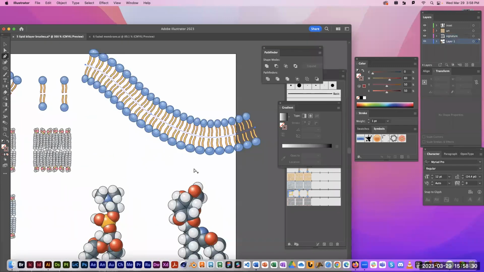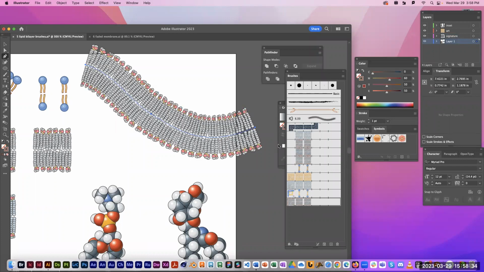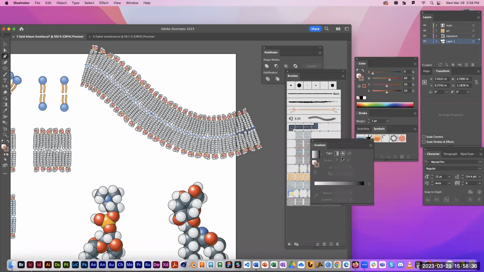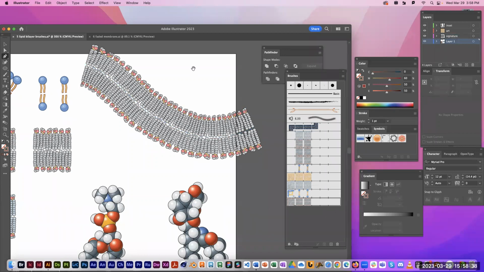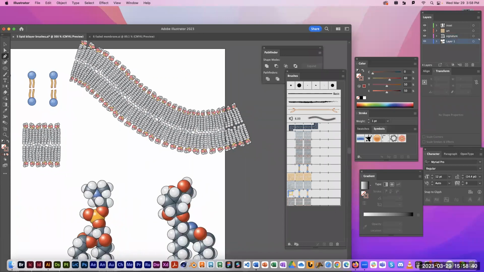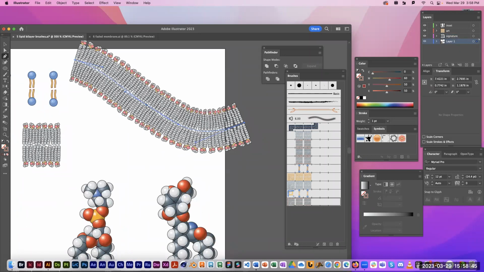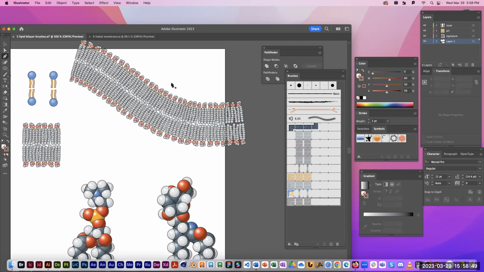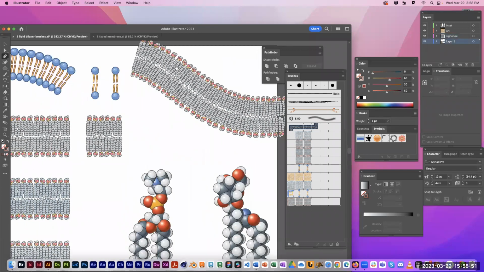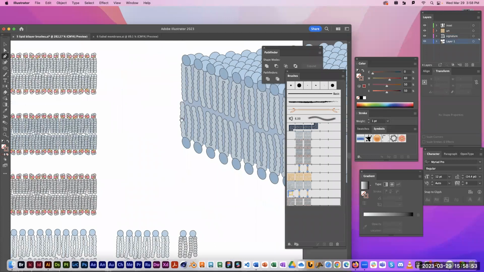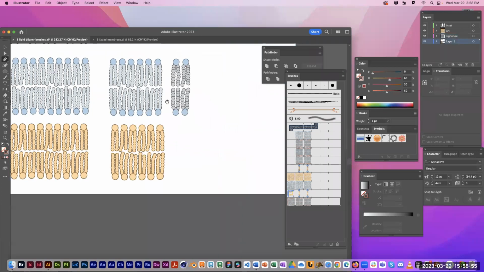Then you can select that path and apply the brush to it. Same thing, you've got to be careful. You can't distort it too much, because otherwise you get really weird distortion of the objects.